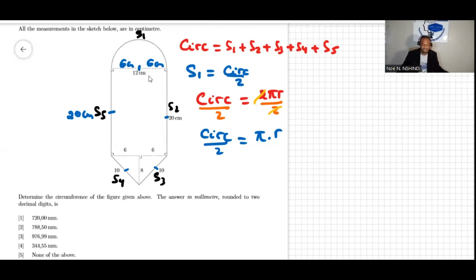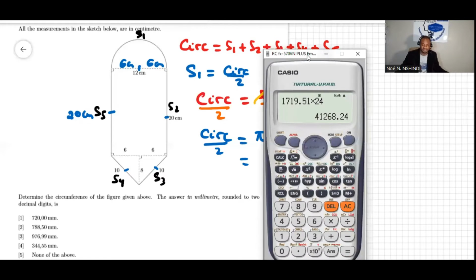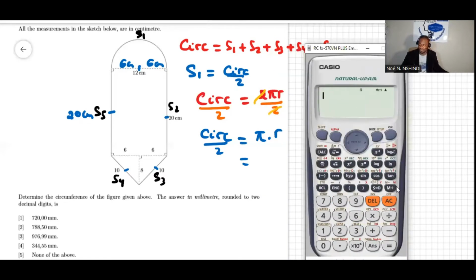Now, we can use our calculator to find it. To get pi in the calculator, press shift and then press this button here. When you press that one, you get pi, and then you have pi times 6. When you hit equal, it tells us 6 pi. Now to get the actual value, we press this button here, S to D.